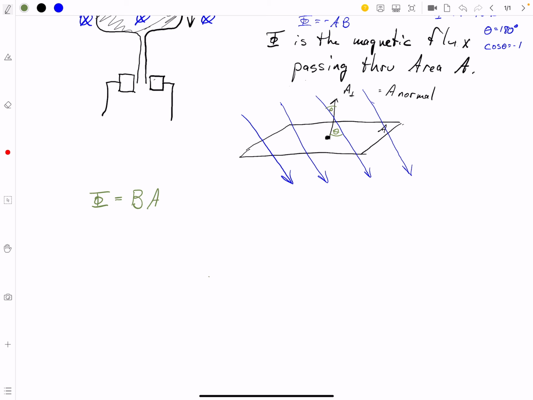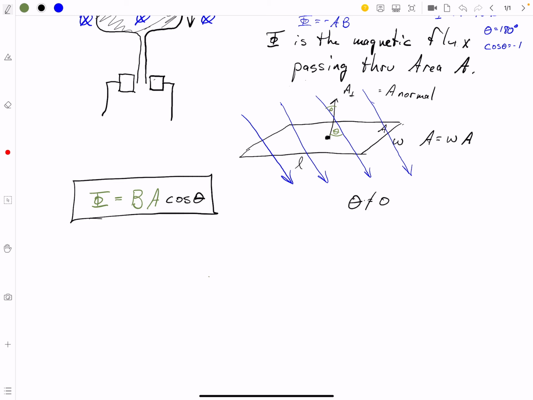And in this situation, our area equals our width times our length. All right. And that multiplied by the cosine of theta gives us our magnetic flux. Okay. And of course, in this case, theta is not equal to 0. All right.